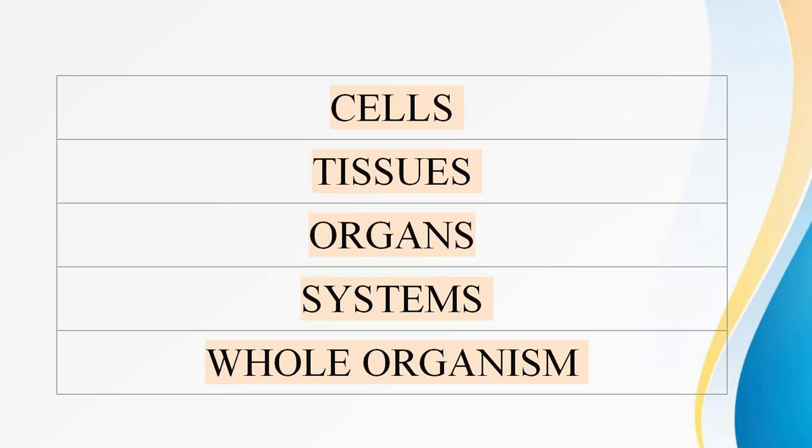Now, when we talk about multicellular organisms, like human beings or other complex animals, several organs link together to form a body system, and these body systems make a whole organism.